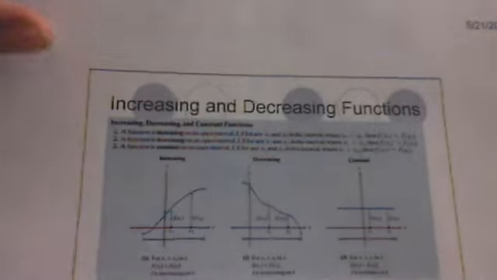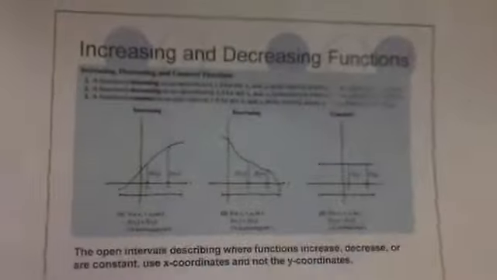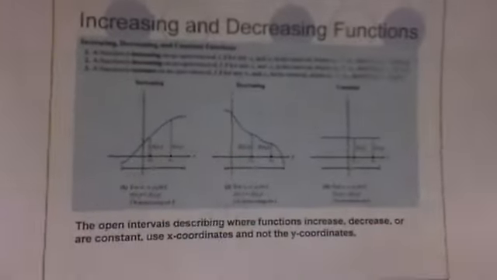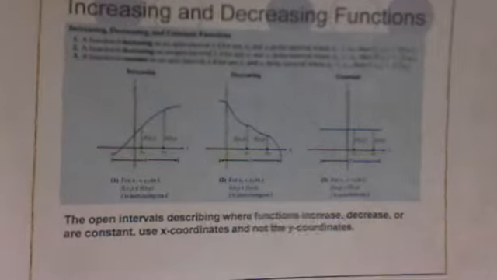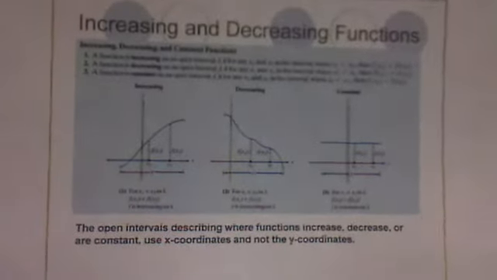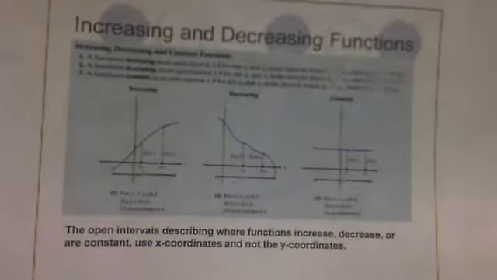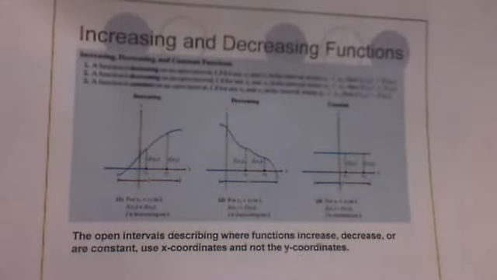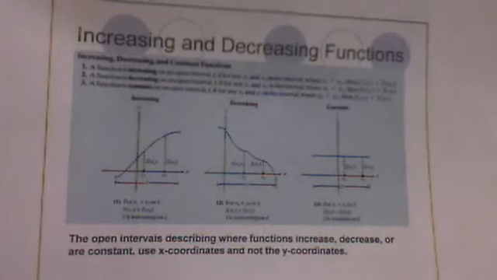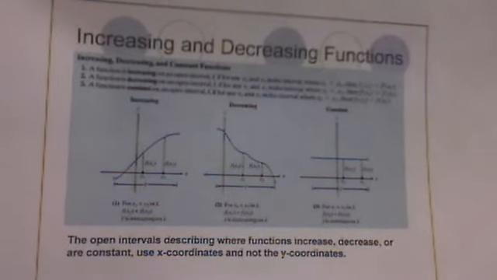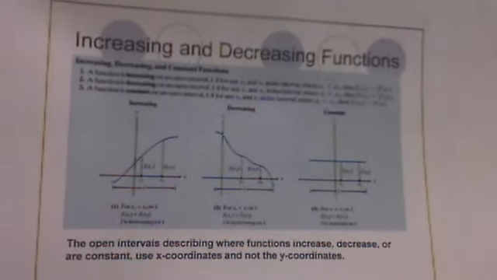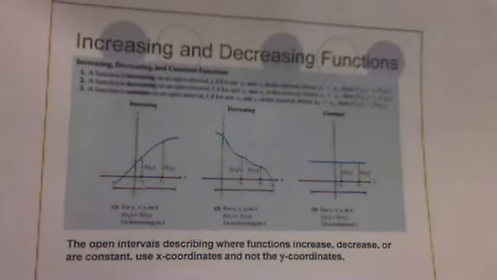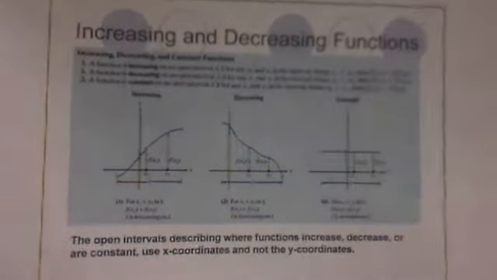All right, we're going to look at some of these definitions of what increasing and decreasing functions are. A function is increasing on an open interval, which is called I, if for any x1 and x2 in the interval where x1 is less than x2, then f of x1 is less than f of x2.